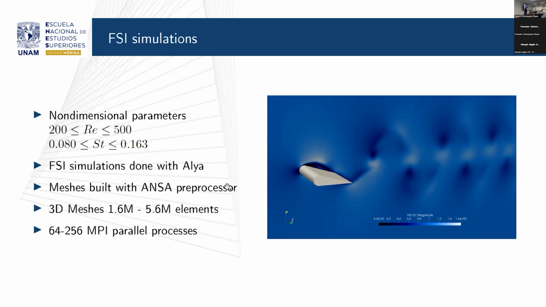We have the meshes built with the ANSA preprocessor. In case you don't know it, it's an extremely friendly for the user preprocessor. You have a very good support team, and we got 3D meshes with this sizes of elements. We run between 64 and 256 MPI parallel process, depending on the Reynolds number.